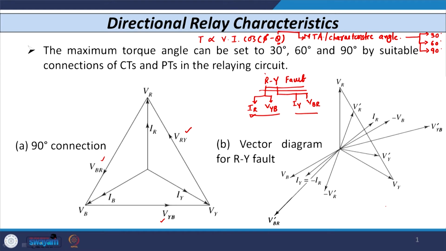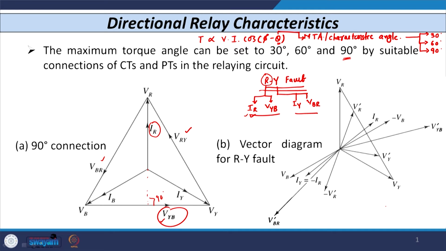For R phase, as we are giving IR current and VYB, you can see that the current IR is here and the voltage VYB is here. If I plot the angle between IR and VYB, it comes out to be 90 degrees. That is why this connection is known as the 90 degree connection. Same way for the other phases.